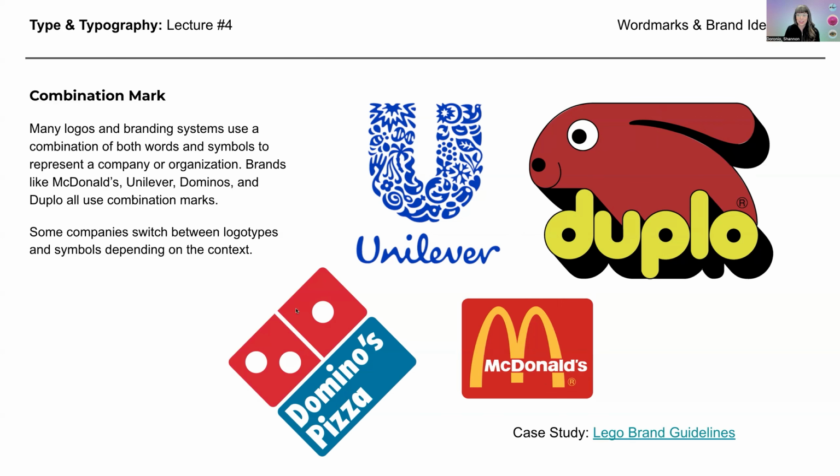Domino's, the holding shape, the shape that holds the word mark, also describes what the name is referring to. So there is a domino in the Domino's pizza logo, and we recognize the square shape as a container that holds a pizza. So we have a combination mark of icon and word mark pushed together to create a holding shape and a total concept.